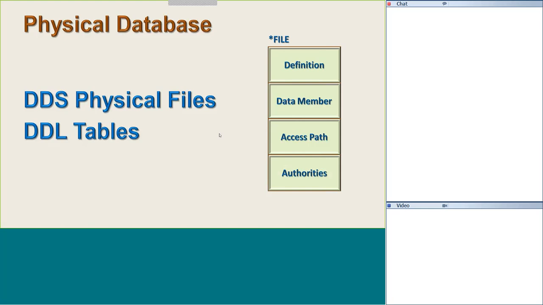Most other access or control or authority systems are based the other way around. You specify the name of the user and what objects that user can do and what rights that user has to each object. Whereas in IBM i's case, the authorities determine who can and what they can do with each individual object. So authority definitions are part of the database and not part of the application. So that makes up the physical database file.